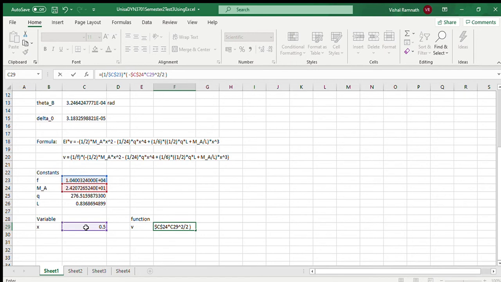And then we want minus 1 over 24 times Q times X to the 4th power. So that would be minus the Q value, which is $C$25, times X to the 4th power divided by 24.